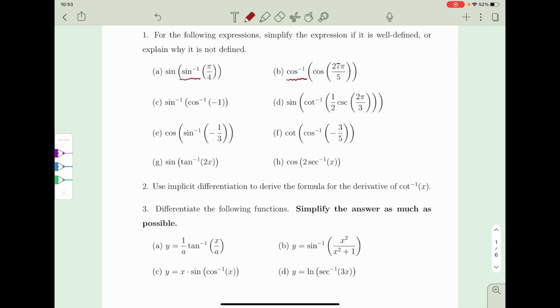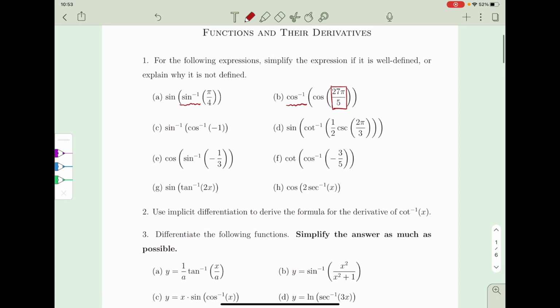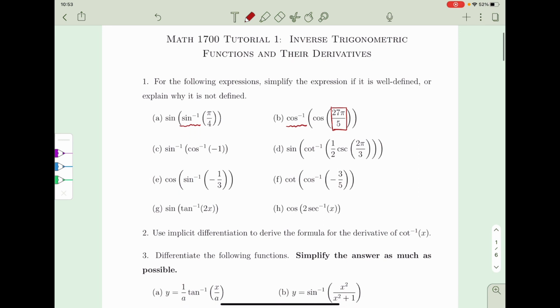When it's on the inside, you can just cancel it out in most situations. But when it's on the outside, you need to reduce this to a small angle, the unique theta that is in the chosen interval. Okay, so that's it for this worksheet today.